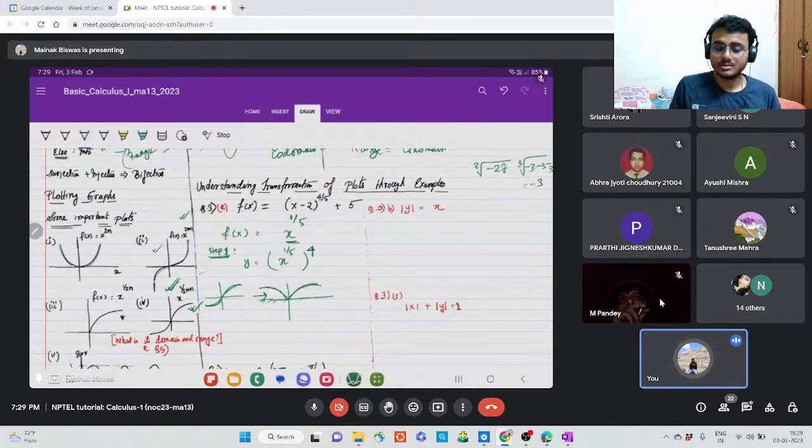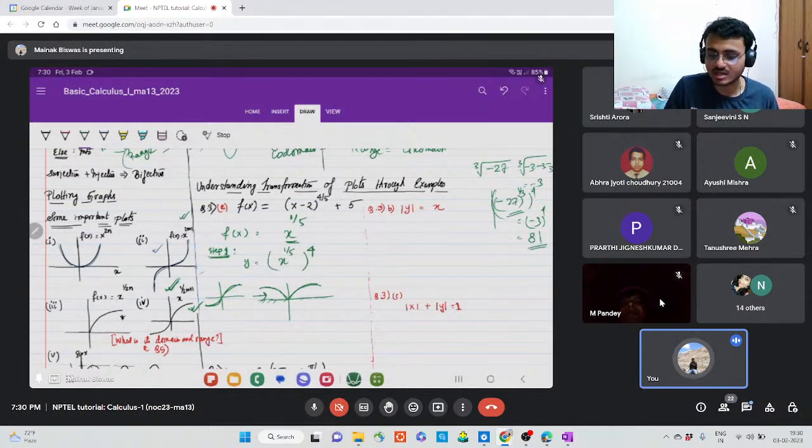So for example, if I do minus 27 to the power of 1 by 3, whole to the power of 4, what is the answer? First I do this, I get minus 3 to the power 4. That is minus 3 into minus 3 into minus 3 into minus 3, that is 81, positive, right? So any negative number raised to an even power is always positive.